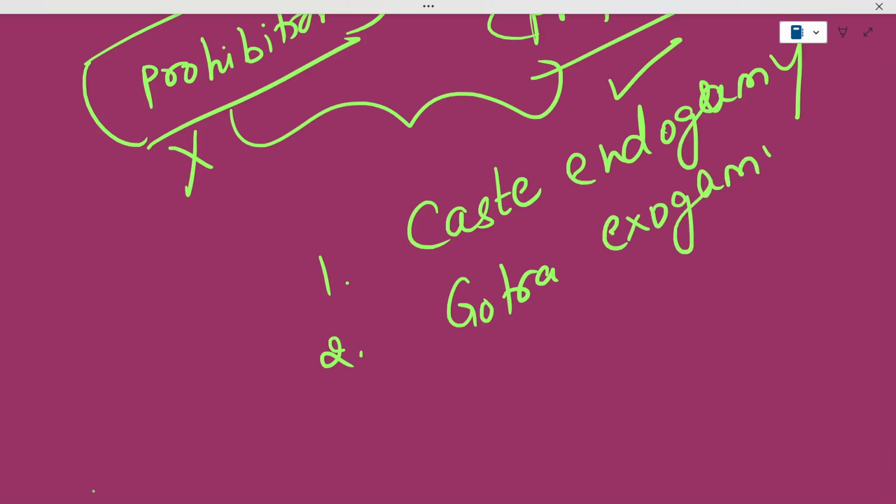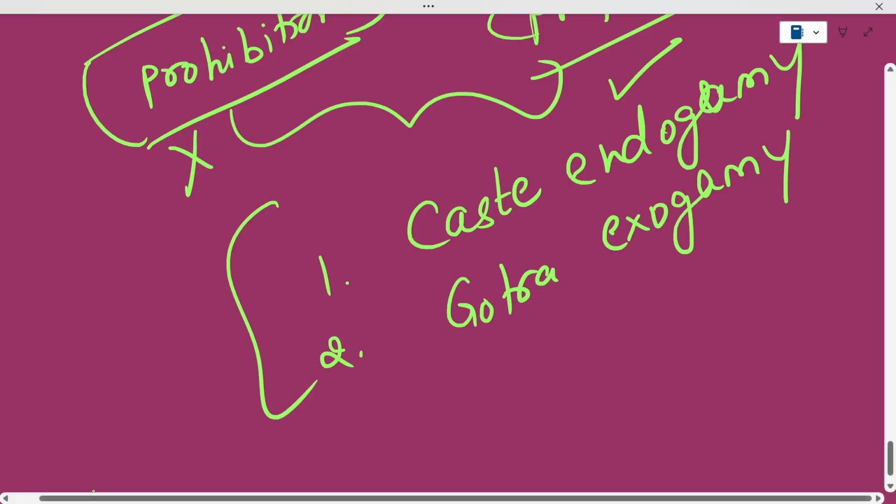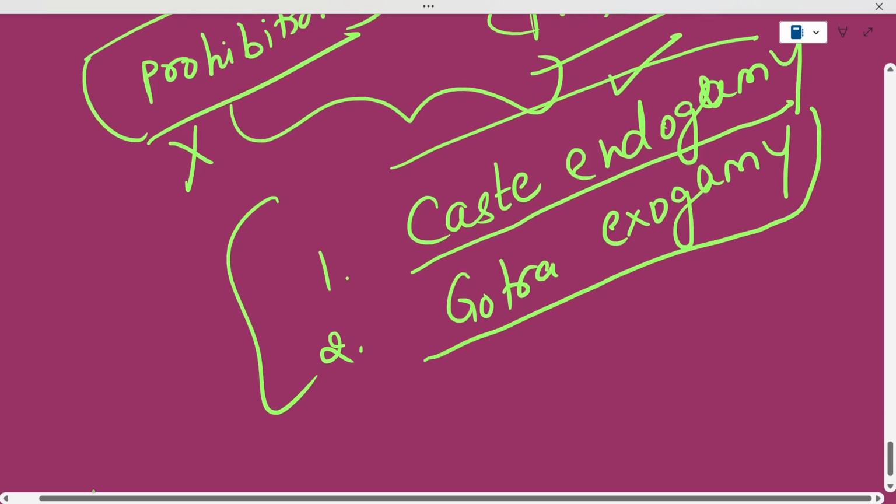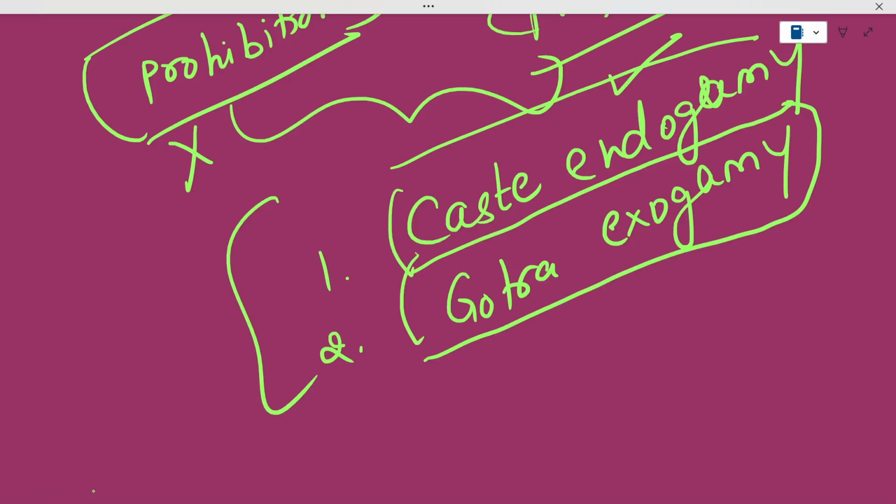So even if you are required to marry within your caste, you should avoid marrying within your own gotra. This is a typical feature of the traditional Indian caste system.